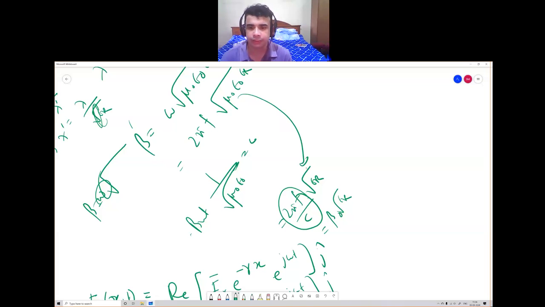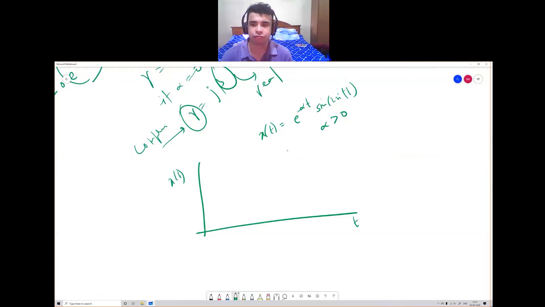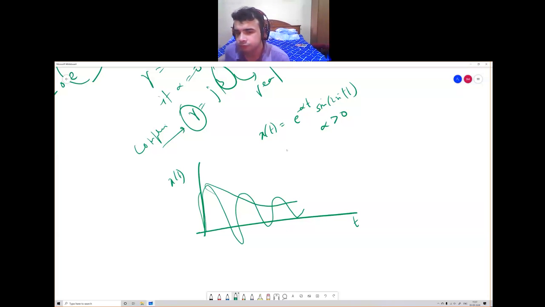So, can anyone plot this graph x(t) equal to e to the power of minus alpha t sine 2 pi f t, and alpha is positive, not greater than 0, positive? How does it look? It looks something like this. This is exponential decay. The drawing is very bad, sorry.